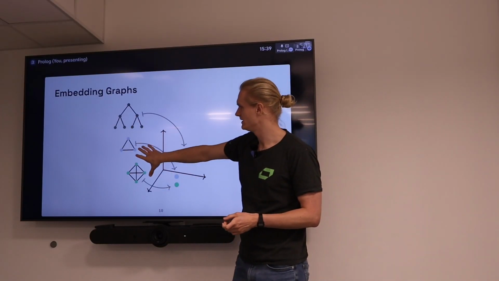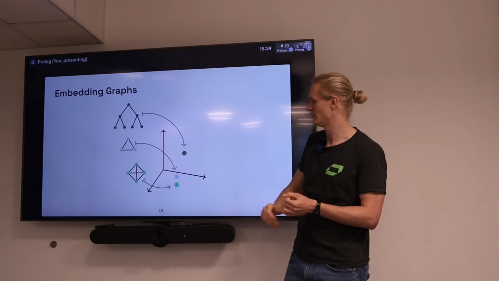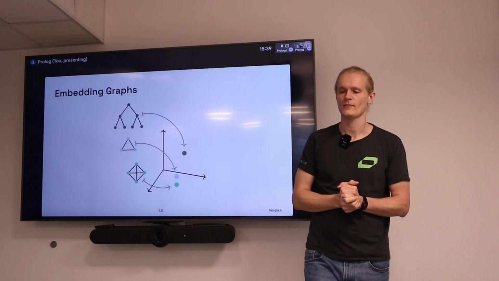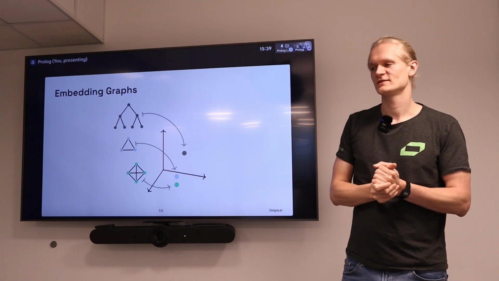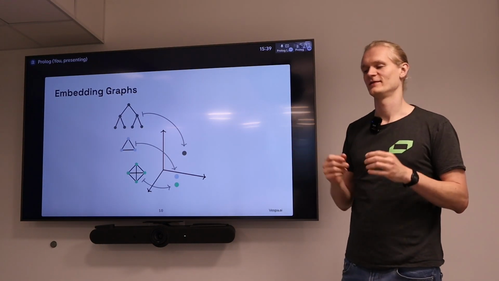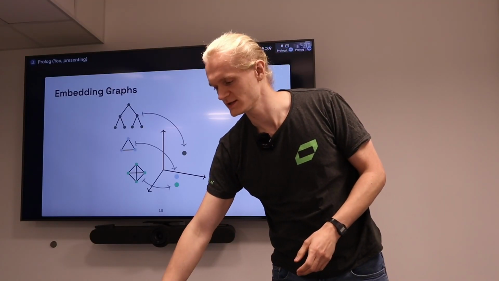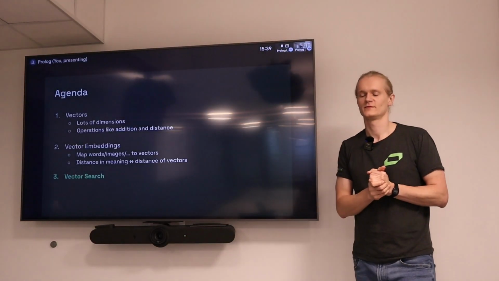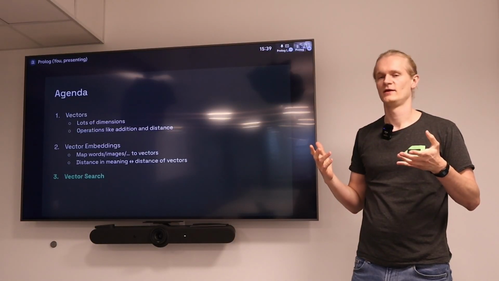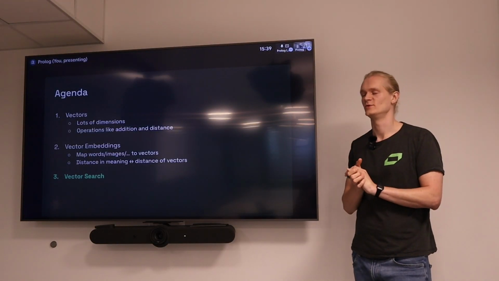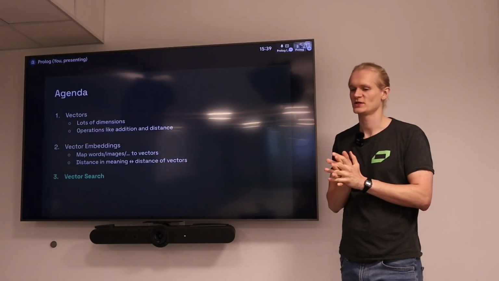So maybe these complete graphs should be mapped to vectors that are far apart from this tree. Okay, and in this way we can make the computer understand basically the meaning of various objects. And this is what vector embeddings do. Okay, we allow basically to get the computer to understand these objects.